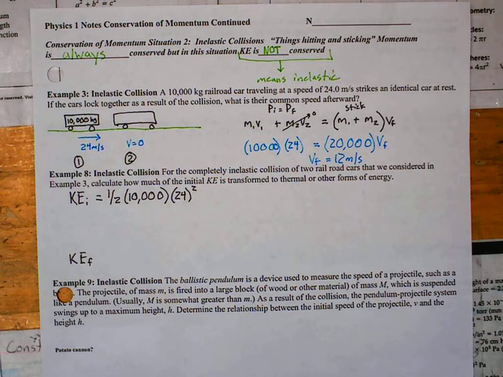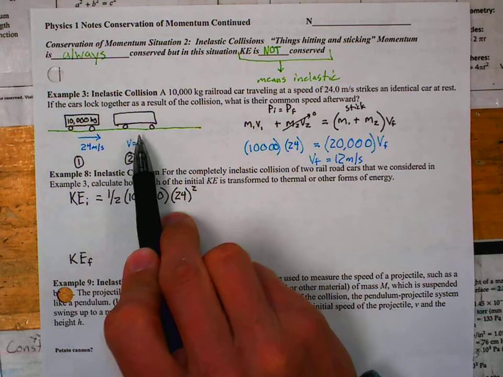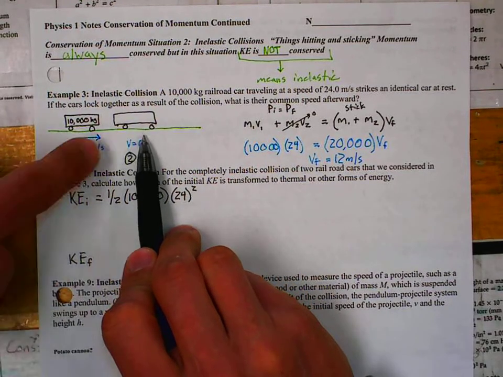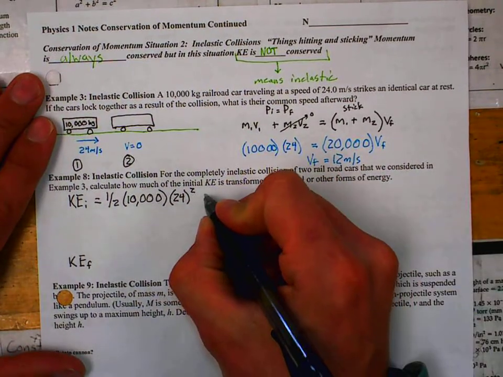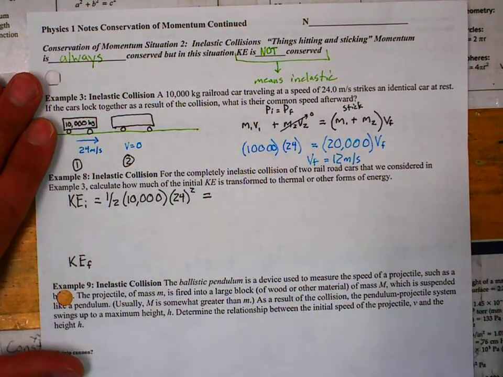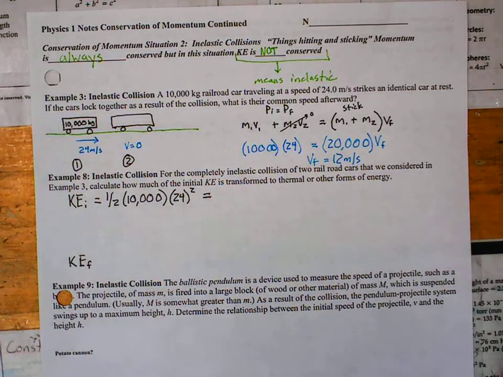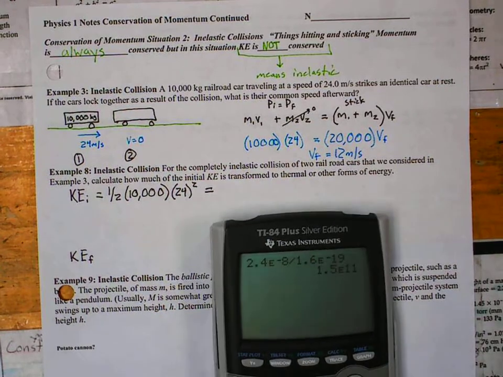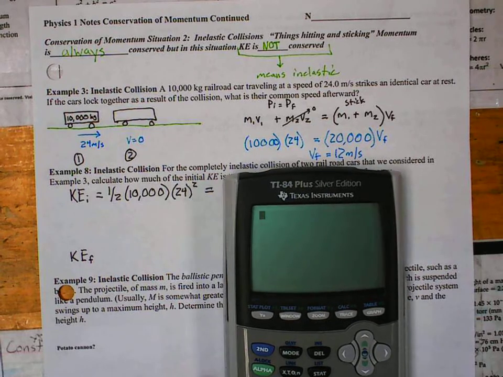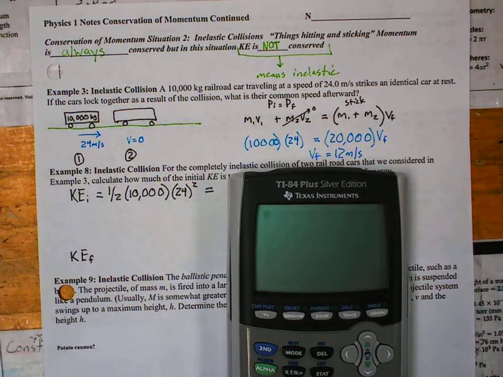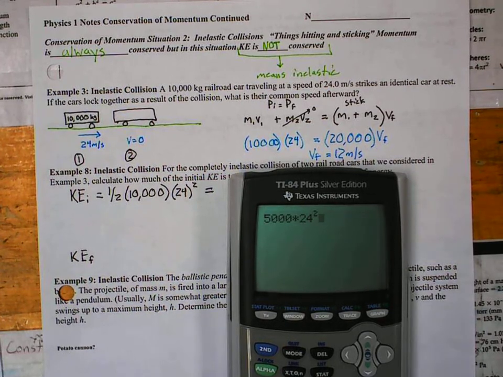Okay, but we've got to look at the kinetic energy of both masses. But this is easy, right? What's the kinetic energy of this one? 0. Okay, so we're just going to punch this into our calculators. All right, so let's do that. Okay, so half of 10,000 is 5,000. Okay, we'll square the 24.